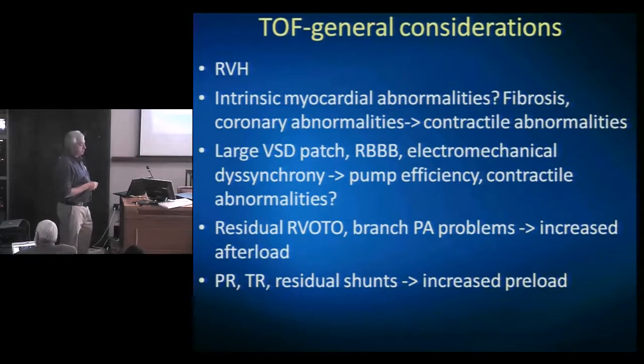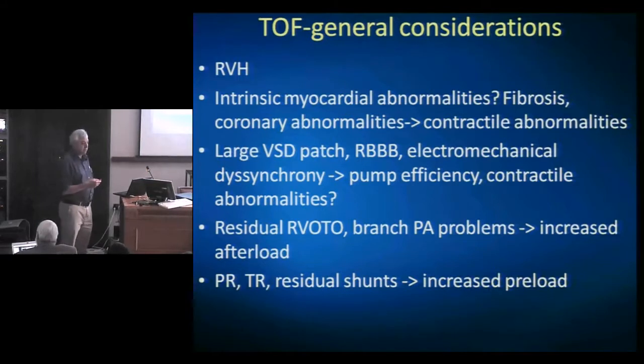Together, these can lead to contractile abnormalities in the ability of the muscle to generate pressure. You have a large VSD patch. You have right bundle branch block and abnormalities in the timing of contraction, which I'll speak about, leading to dyssynchrony. These can affect pump efficiency and again, probably relate to contractile abnormalities as well.